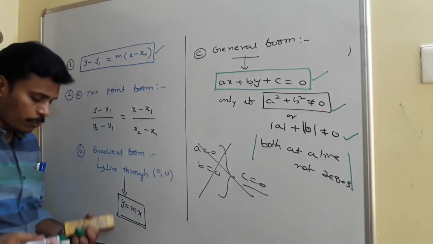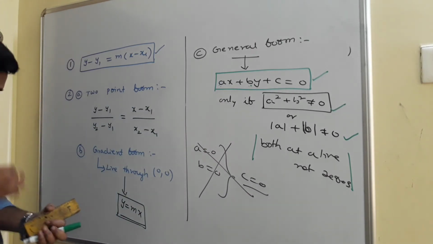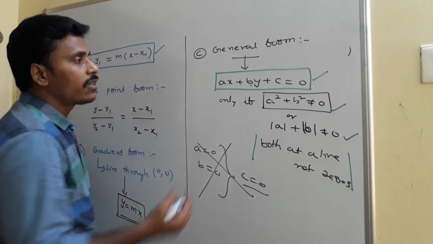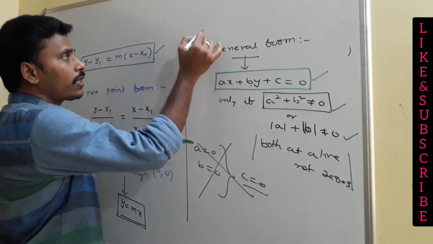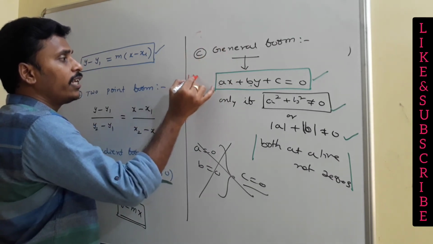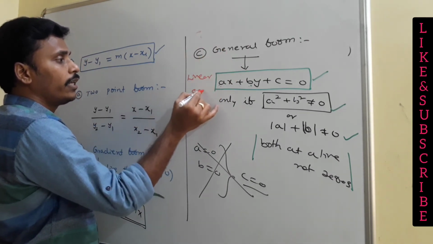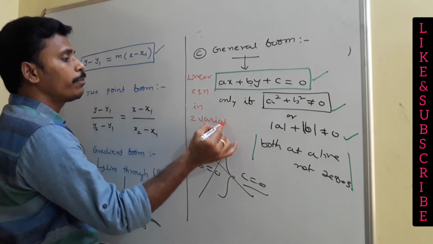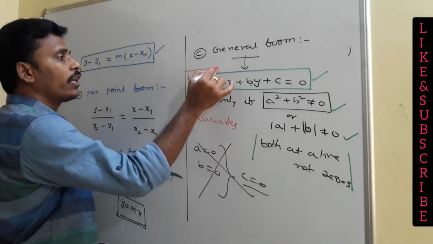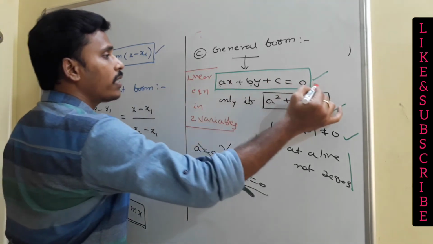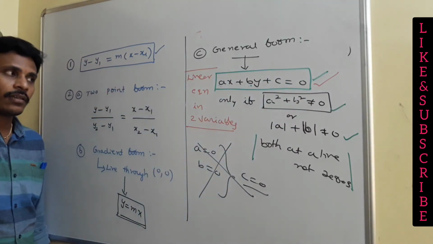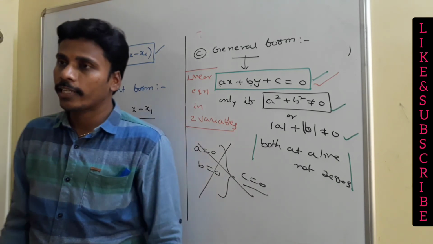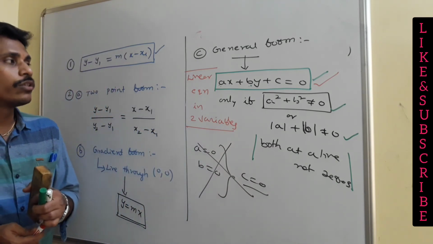And this ax plus by plus c is equals to 0, algebraically, is termed a linear equation in two variables. So algebraically, a linear equation in two variables always represents a straight line, and its general form is ax plus by plus c is equals to 0.